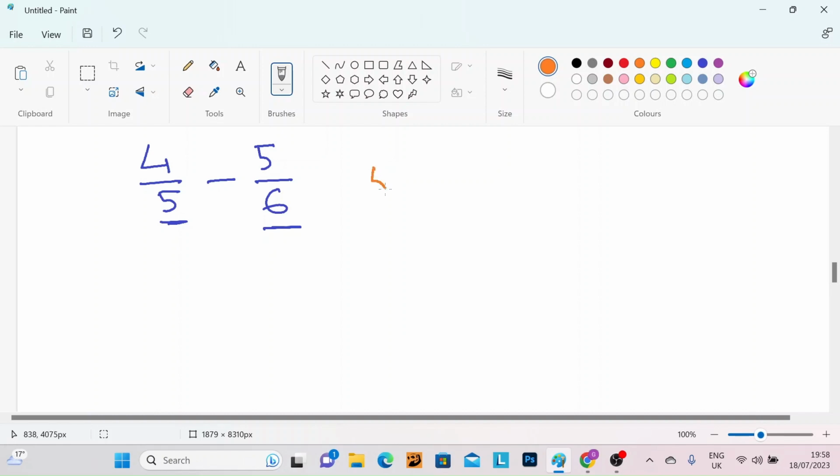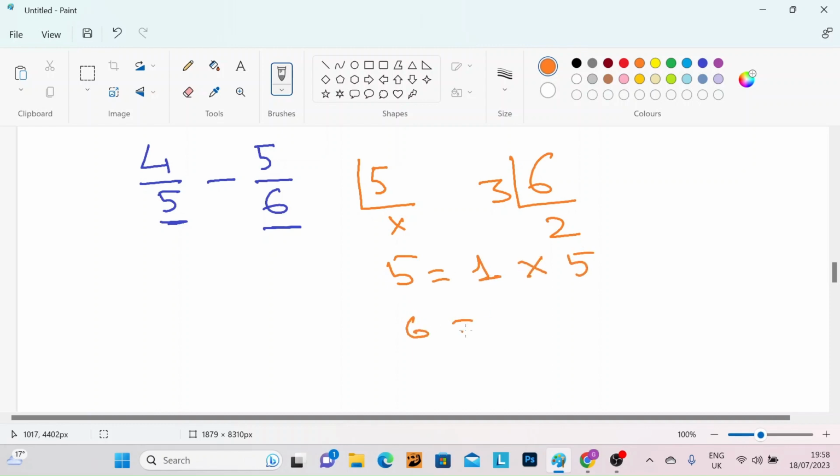So 5 here, being a prime number, cannot be divided any longer. And 6 being an even number will be divided into 3 times 2. So if we write down, 5 can be written as 5 times 1 and 6 can be written as 2 times 3.